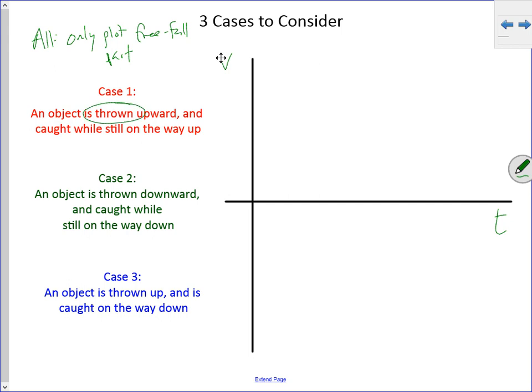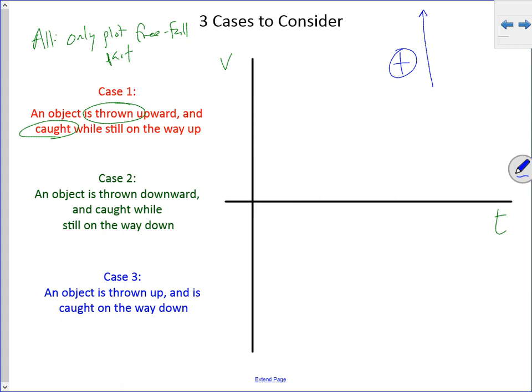Right? When I say something's thrown, don't graph the part where it's in my hand or in someone's hand. All right? Don't graph the part where it's caught, because that's not free fall. When something's caught, well, then your hand is exerting a force, or whatever catches it. So just plot the free fall parts. And let's also make the following assumption.